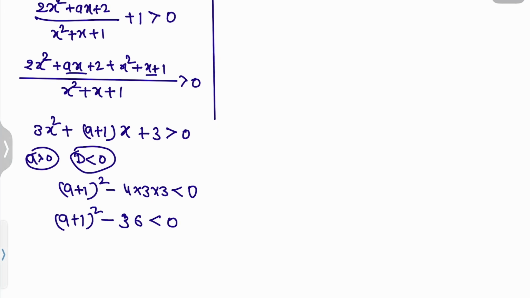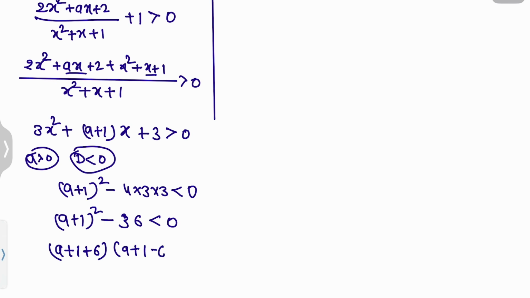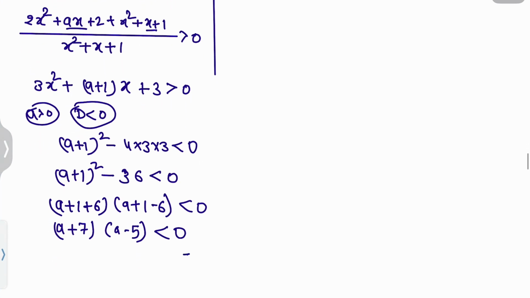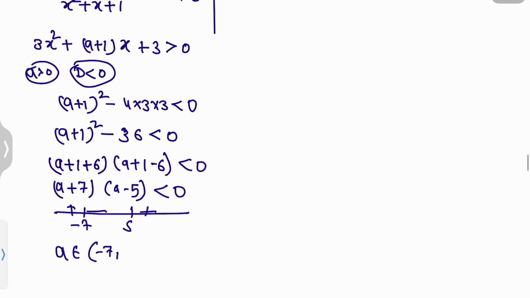You can convert to the a plus b, a minus b form with 6 square. So (a plus 1 plus 6)(a plus 1 minus 6) less than 0. So (a plus 7)(a minus 5) less than 0. If we get minus 7 and 5 with signs plus, minus, plus, then a belongs to minus 7 to 5. Okay, this is the first condition.